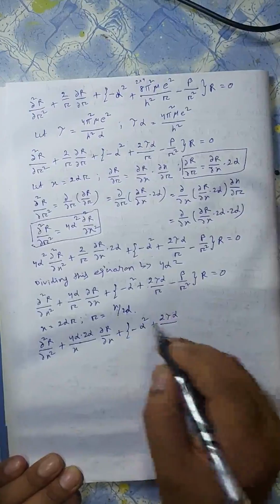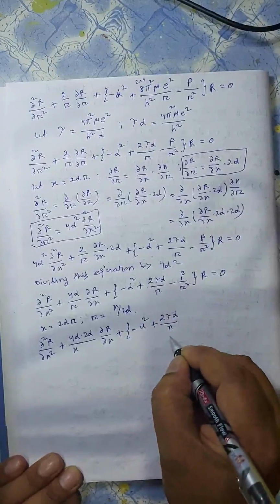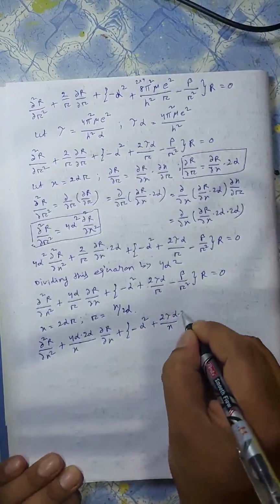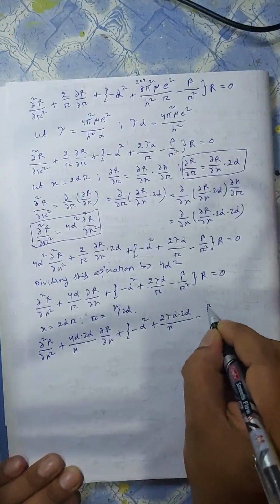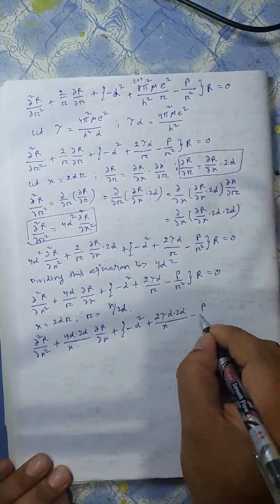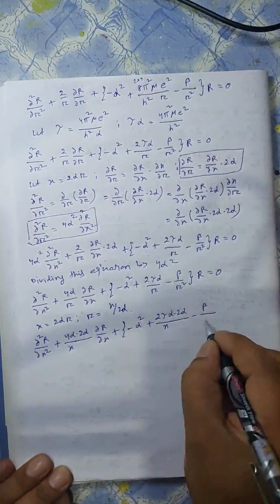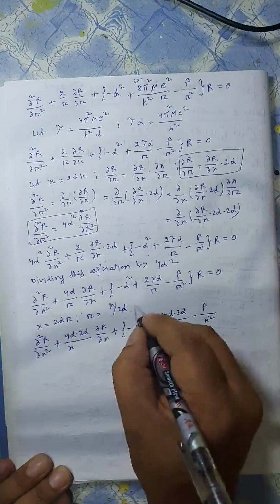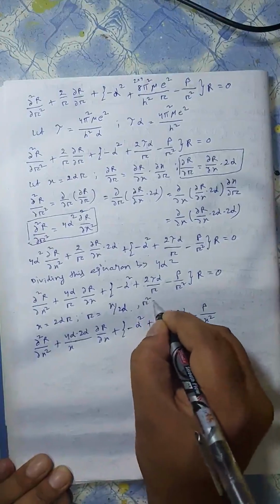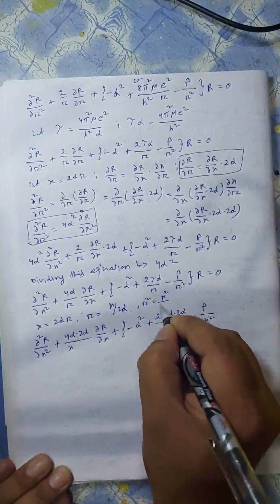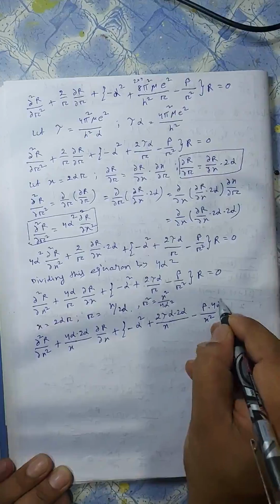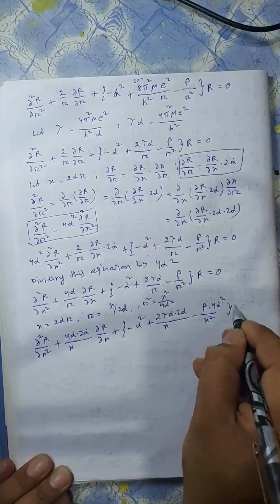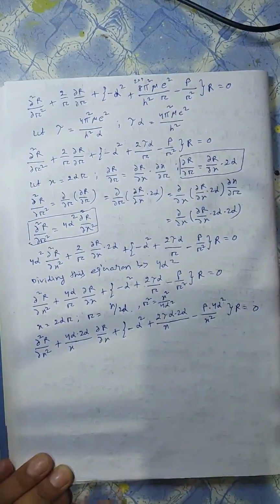In place of r I write x by 2 alpha, 2 alpha will go up, minus beta by r square. x square is equal to 4 alpha square r square, so r square is equal to x square by 4 alpha square, 4 alpha square will go up, whole bracket R equal to 0.